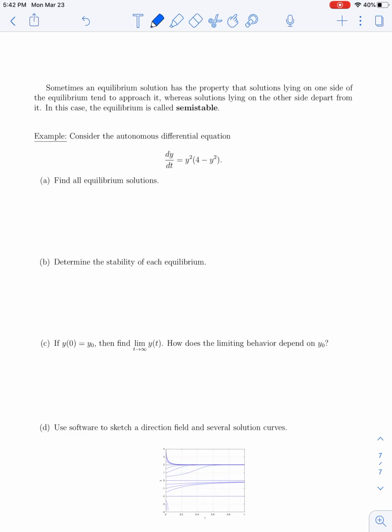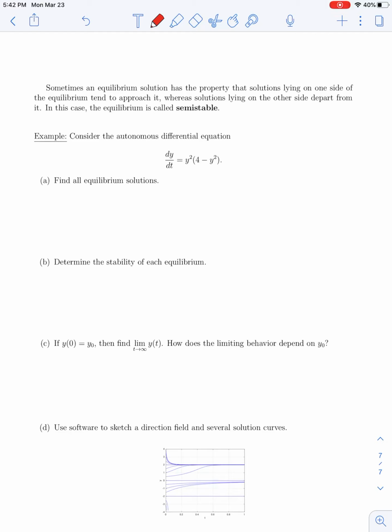Now, in our last example, we will consider a different type of stability known as semi-stability for an equilibrium. So let's start by defining semi-stability.